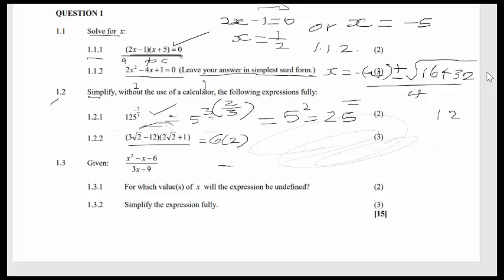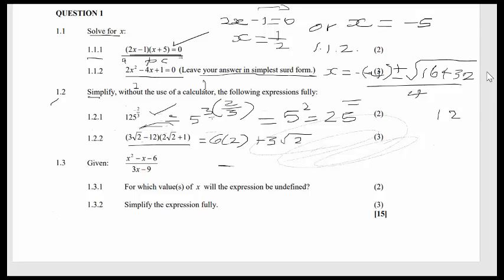3 square root of 2 times 1: anything multiplied by 1 remains the same, so we have 3 square root of 2. And then we go to the next one, which is negative 12 times 2 square root of 2.